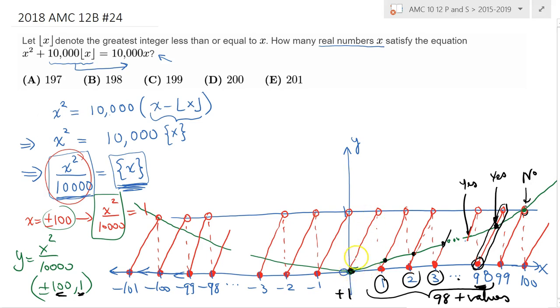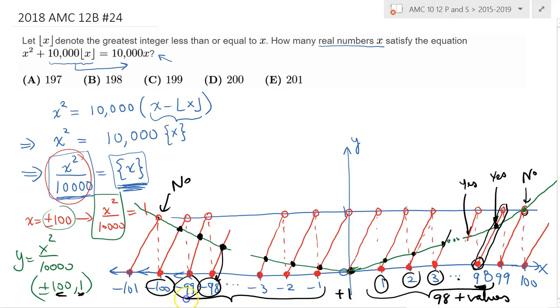And then, because this is where the 2 intersect, I keep intersecting this function multiple times until I exit the range 0, 1, right? This one is blank, so I'm not going to count this one. But these are all good. This one is associated with minus 100. This point here is associated with minus 99. This one here is associated with minus 98.